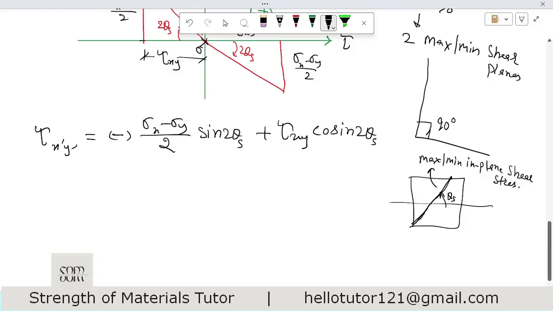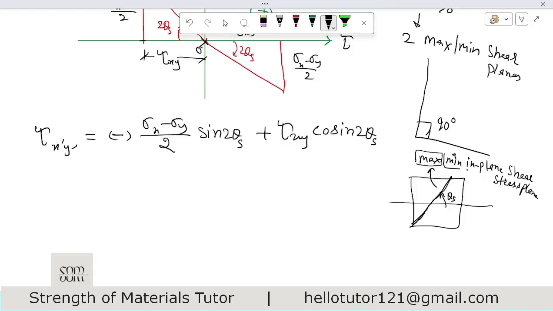Now I am right now talking simultaneously about maximum and min, but I know there is only one thing, and it is maximum in plane shear stress. Technically there is no minimum shear stress, but I don't want to say that right now because you didn't see why there is no minimum. As we move on in this lecture, we will follow up on why there is no minimum.